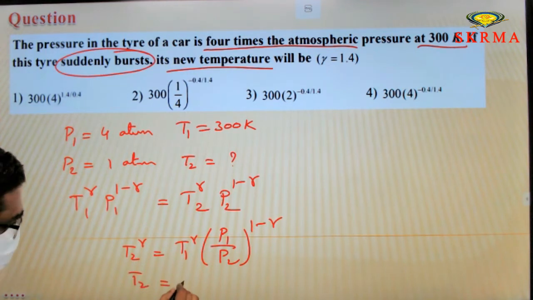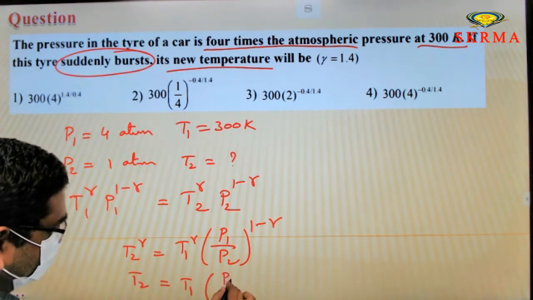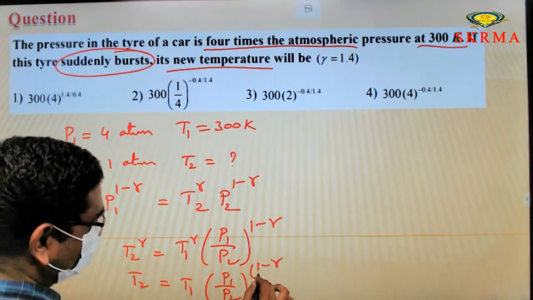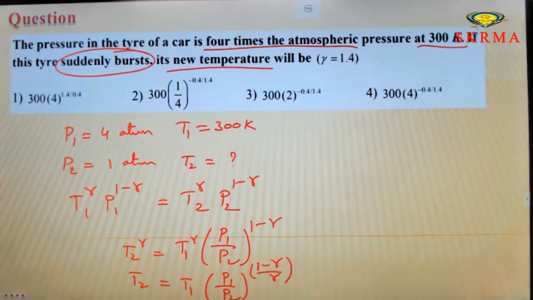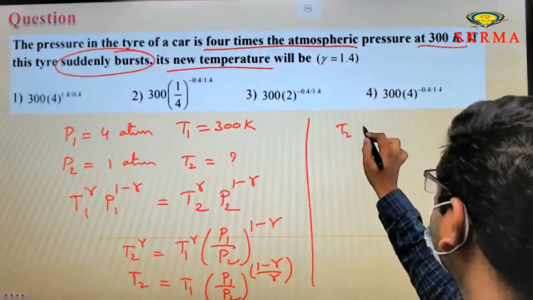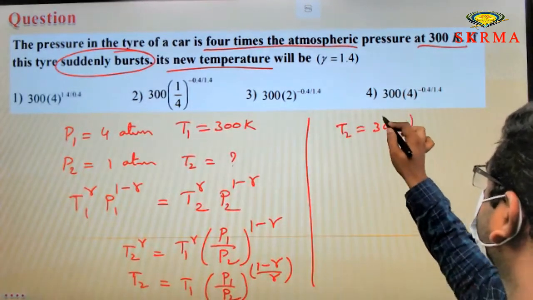So T2 equal to T1 into P1 by P2 to the power 1 minus gamma by gamma. Just I am cancelling gamma on this side and this side, then you will get this equation. Then T2 equal to, what is the value of T1? 300.